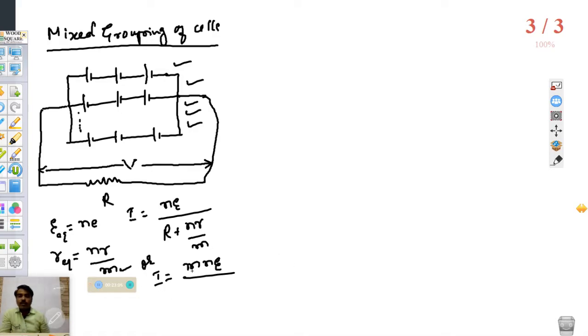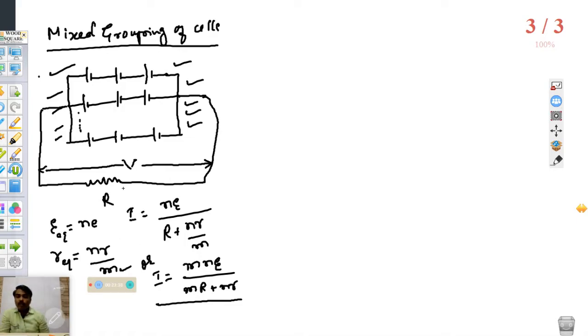Hence the total current is M times N times E, and similarly MR plus NR we can write. So this is the final current in the grouping of cells. Okay, in such a case current in the circuit will be maximum, because here so many groups we have taken, series and parallel together. So current in this circuit will be maximum when the external resistance is equal to the equivalent internal resistance.